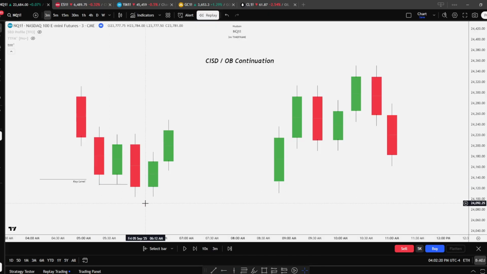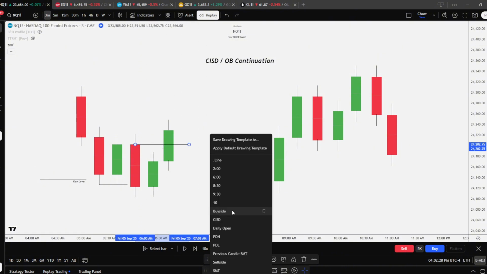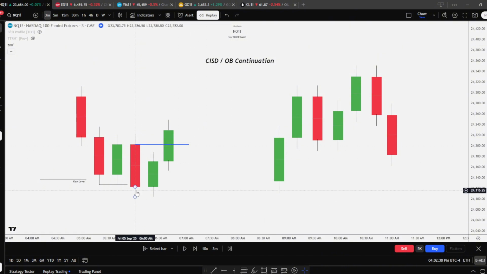Okay, then what happens? We trade higher and we trade higher, and this is where we get our change in delivery. Once we close above the opening price of the down close candle that swept the low, right? So in this case scenario, it would have been this open up here. It can be the series or it can be a singular candle. It doesn't matter.